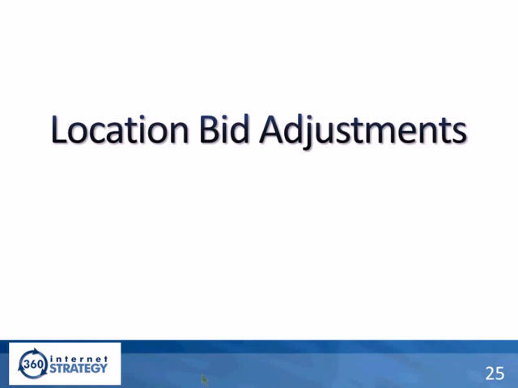So the next one, location bid adjustments. An obvious one is if you are a brick and mortar store and people are only coming to your store from within 20 miles of your zip code. You find that's where most of your customers are from. Then you don't want to pay throughout the state or the country.